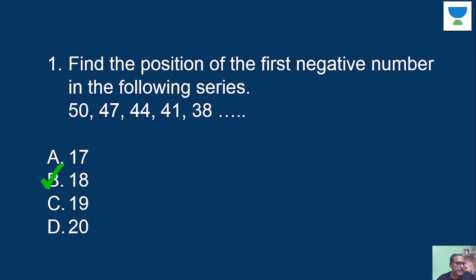So 17 times you should subtract 3. Generally minus 1 will come, but starting from 50, the term will be the 18th. 17 seems very obvious and very close, but just think, the 18th term will be the negative term.